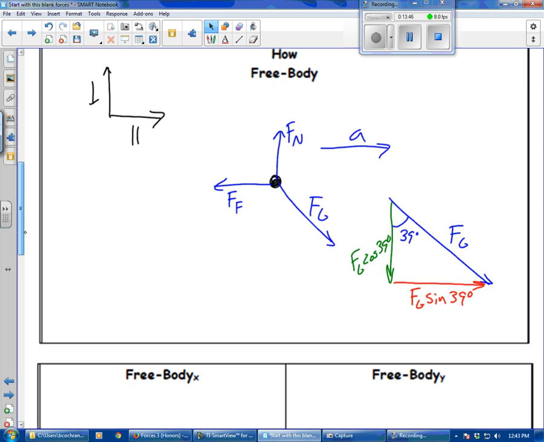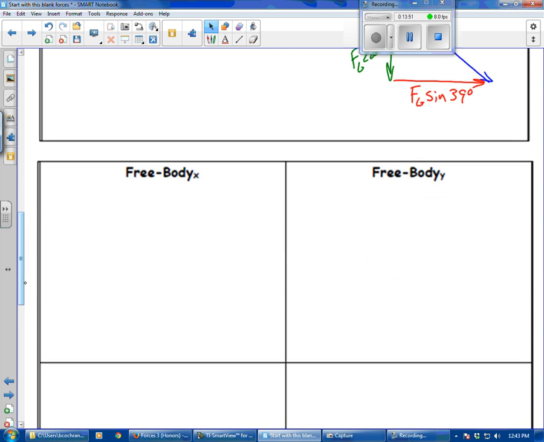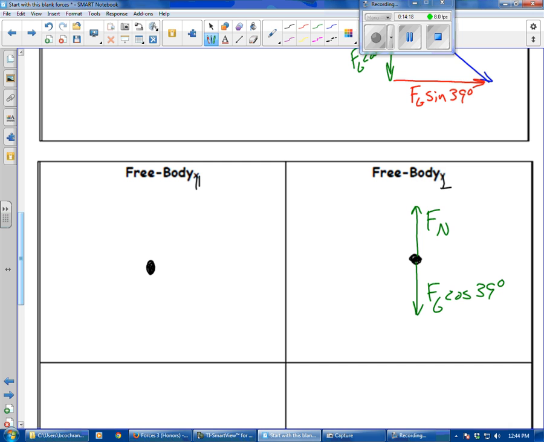Can we move on to the individuals? So rather than X, this is going to be parallel. Rather than Y, this will be perpendicular. In perpendicular, we have two forces, normal force and FG cosine 39 degrees.